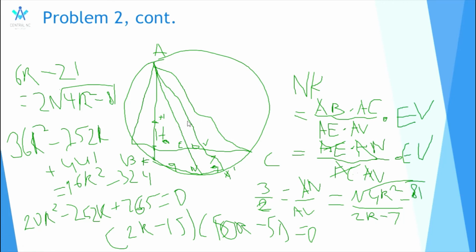But note that our radius OA prime is actually greater than A prime V. So OA prime, or in other words, R is greater than 7. So we find that 15 over 2 is greater than 7, but 51 over 10 is not. So that means our only possible value is 15 over 2, and we found our answer, 15 over 2.